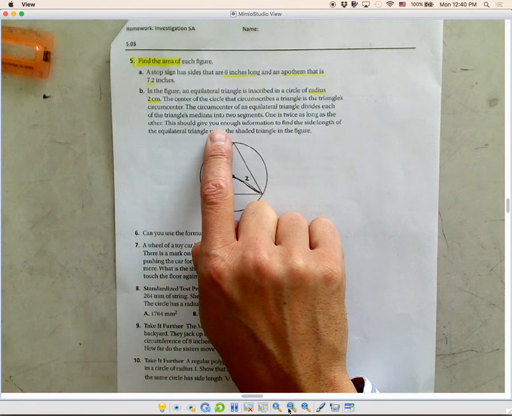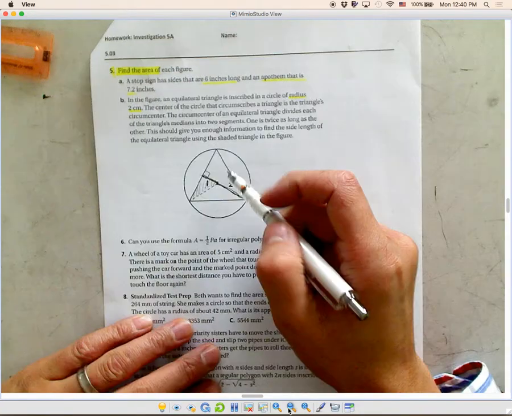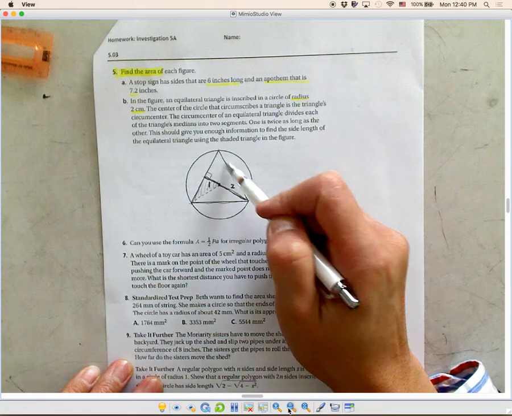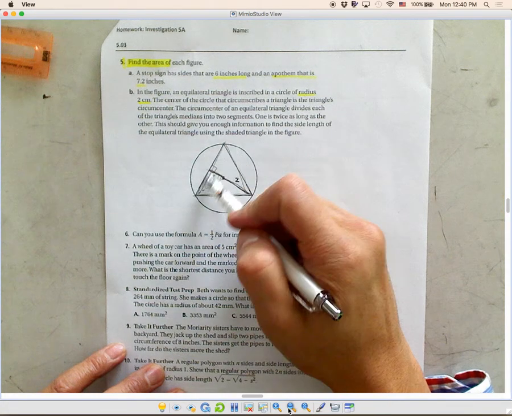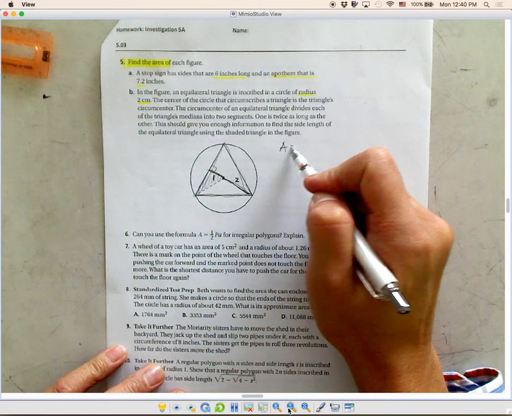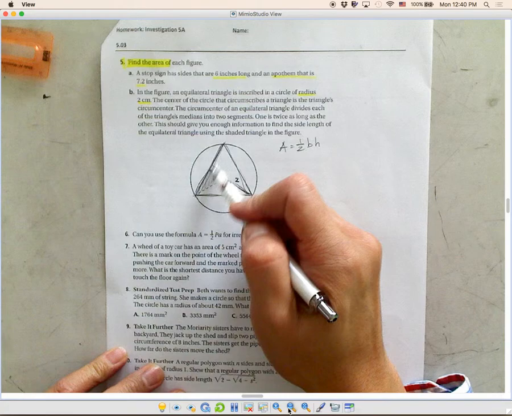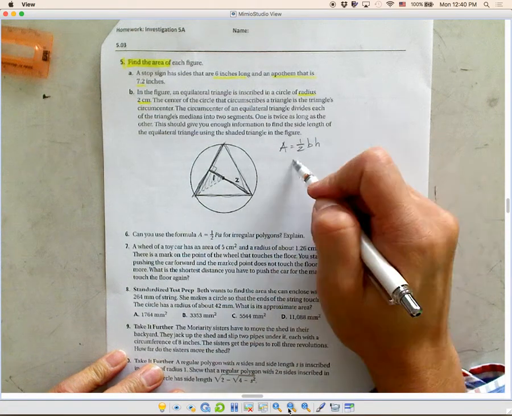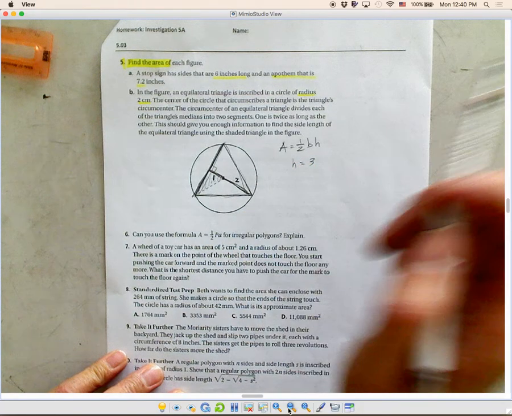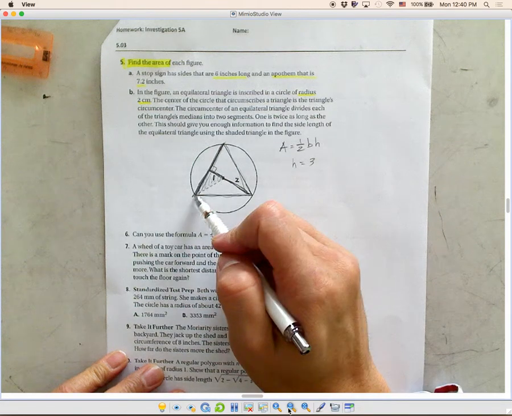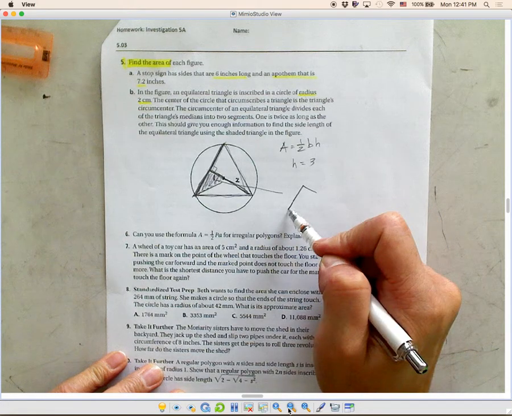This should give you enough information to find the side lengths of the equilateral triangle. Let's find the area of this triangle. The area of a triangle is half of base times height. This can be the base, and we know the height is definitely 3. But we have to find the base. Let's pay attention to this right triangle.